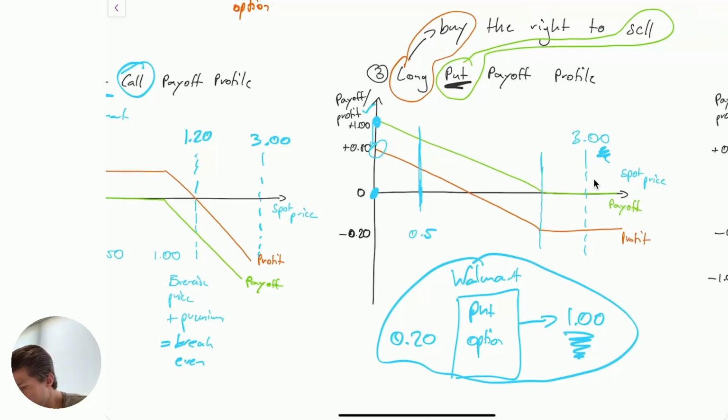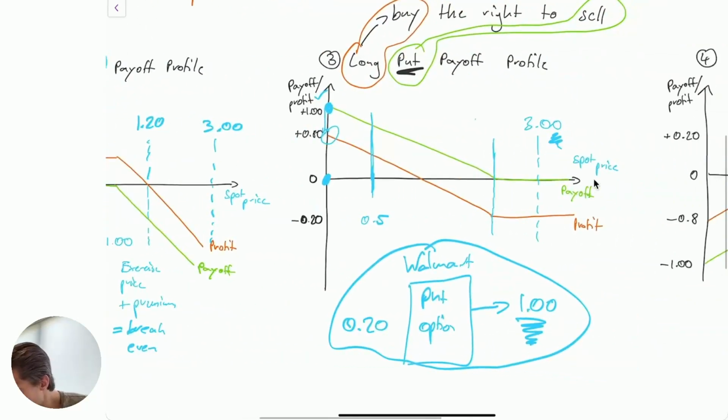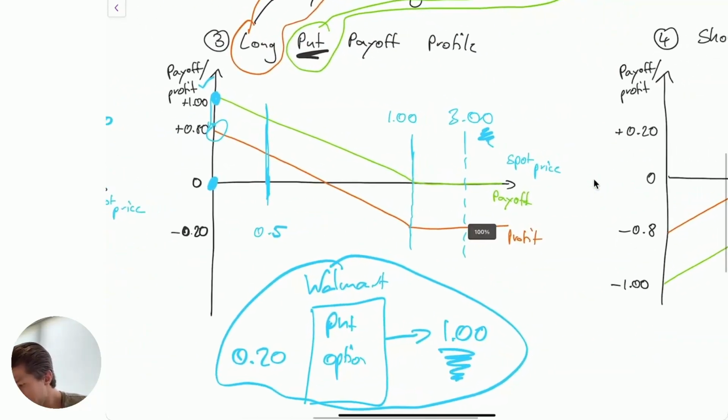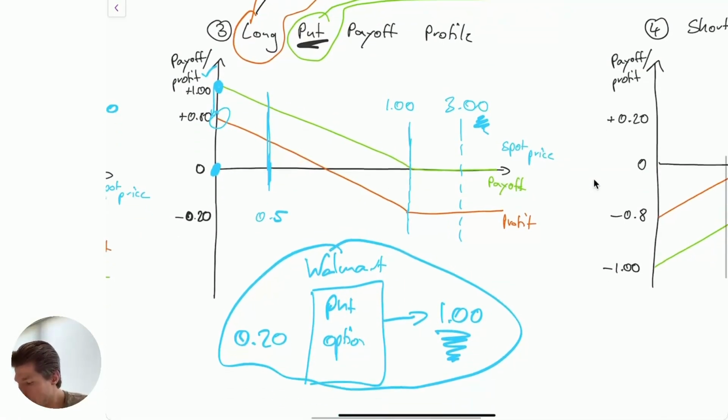Yeah, again, if we are here, this is again your exercise price. Yeah, this is a price where, depending on if Walmart would exercise the option, exercise price equals spot price, it would still incur a loss.